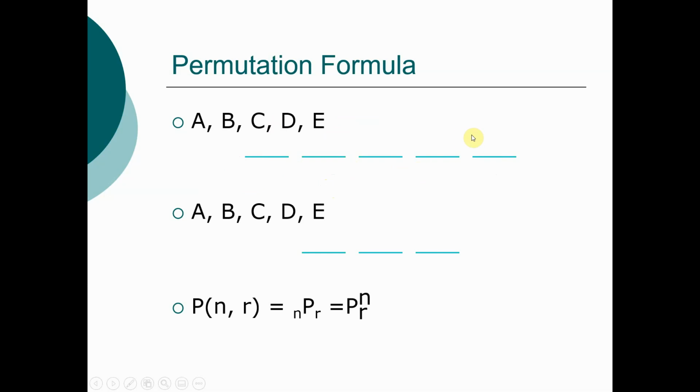And finally, only 1 letter is left. So how many different 5-letter words can we make? We would have 5 times 4 times 3 times 2 times 1. This is basically permutation of 5 objects and 5 places.